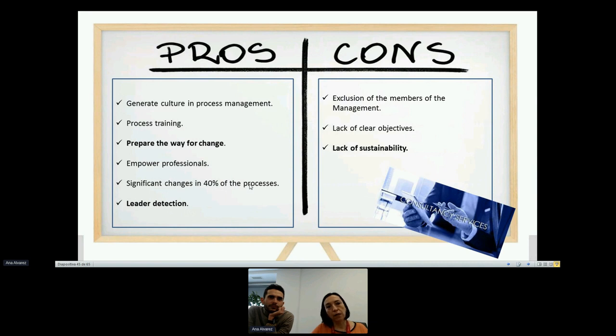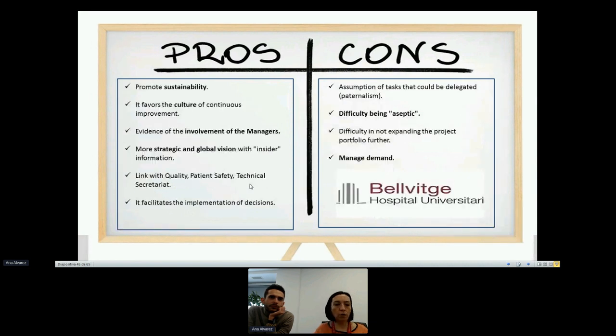So we tried to make our own model or our own team that we think also has pros, also has cons. But it's the one that is working for us right now. We can assure or promote that the projects will go on and will keep on improving every day. It favors the culture of continuous improvement, because we are in the organization, and our mantra is continuous improvement, and we are always saying standardization and continuous improvement. It's evident that the managers are involved, because I am a part of the management board.